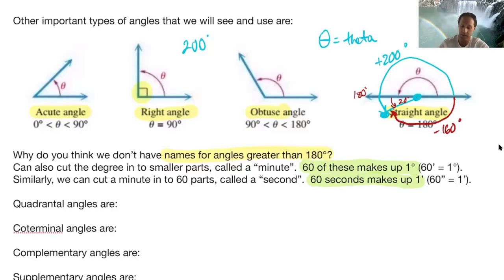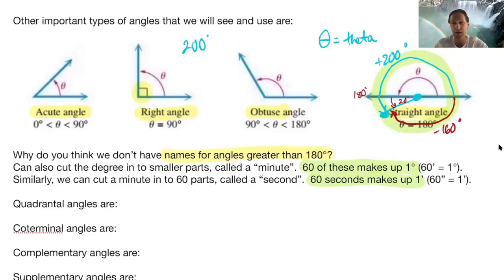So even though we could take this full circle here and cut it into 360 little slices, each one of those would be 1 degree. We can then take each one of those degrees, those tiny little slivers, 360 of them, take any one of those and cut that into 60 parts. And each one of those would be what is called a minute.